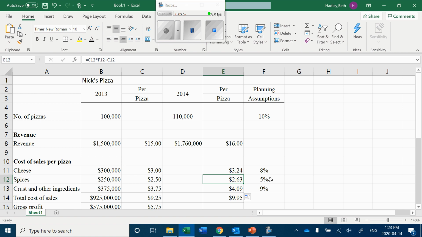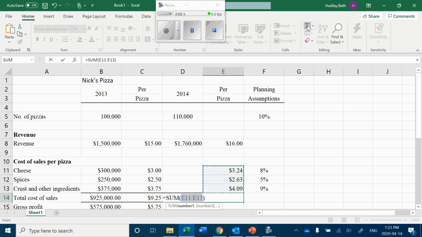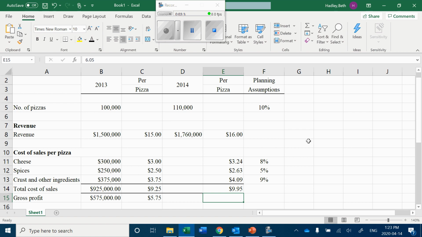So now you've got the formula as well for 5% multiplied by the 250 plus the original 250, and 9% multiplied by the 375, and then plus the original 375 to get the increase. And then I'm going to hit this button here, which is an auto sum of all of these numbers. That gives us the total cost of sales for ingredients per pizza.